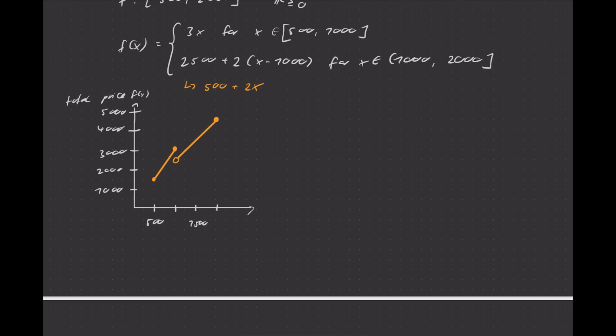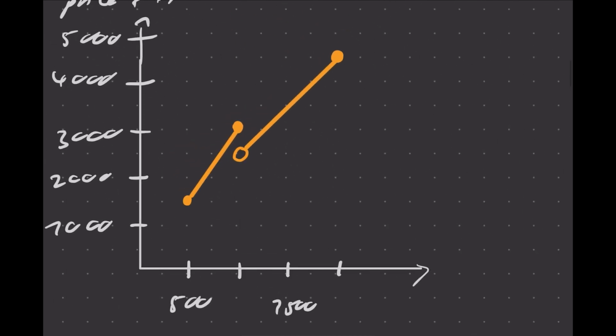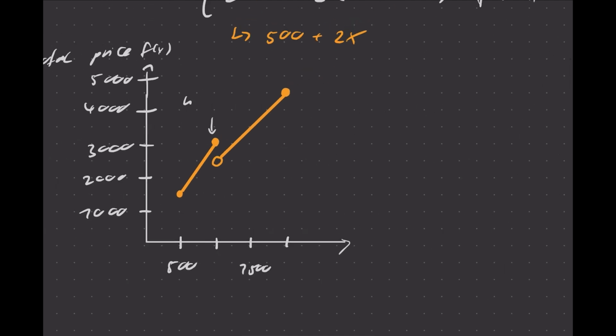So you can see that there is this little jump here at 1,000. And obviously if you approach this from the left, so if you order 1,000 or less, then this is the point that you're approaching. So you could say this is the limit of the function coming from the left or from below.